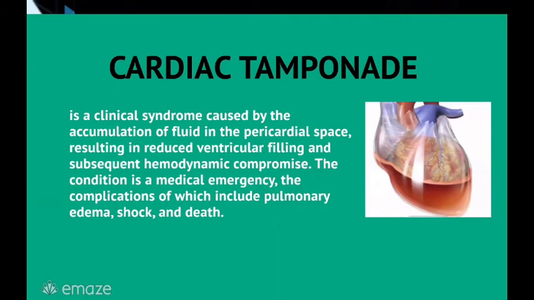Pulmonary edema is a condition caused by excess fluid in the lungs. This fluid collects in the alveoli, making it difficult to breathe. Shock is a life-threatening condition that occurs when the body is not getting enough blood. Lack of blood flow means the organs do not get enough oxygen and nutrition to function properly. So it is a fatal and life-threatening condition that can lead to death.